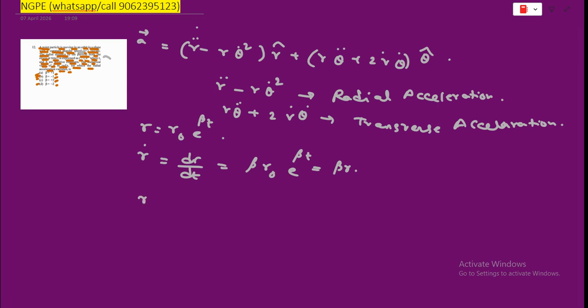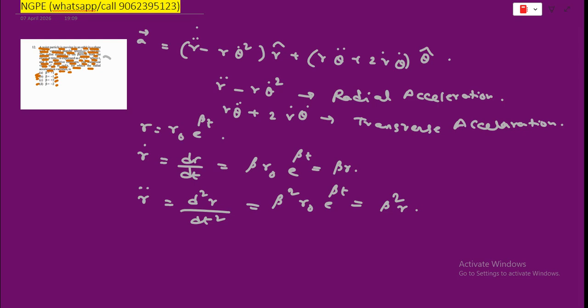And let's go to the second derivative, d2r by dt2, that is equal to beta square r naught e to the power beta t, that is beta square r. Now see, the math is repeating itself just like my excuses. So d2r by dt2 is just beta square times the original distance r, right?